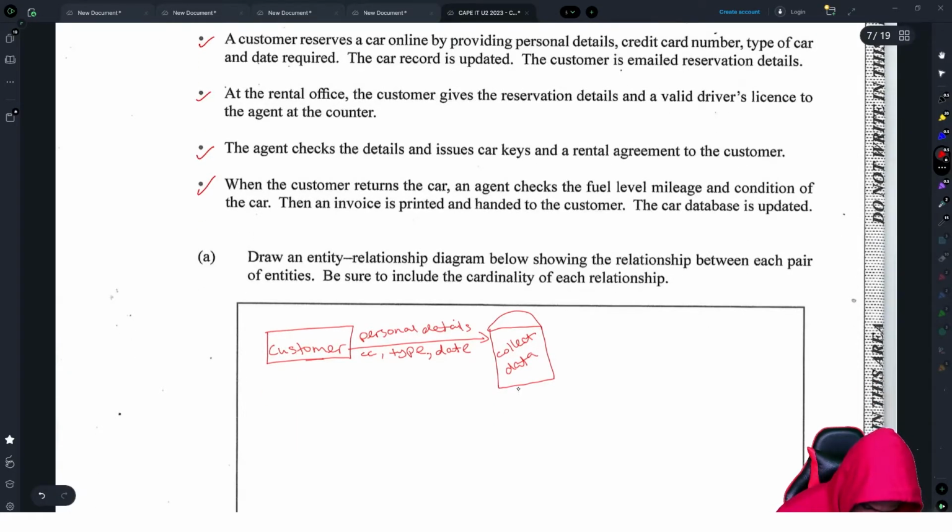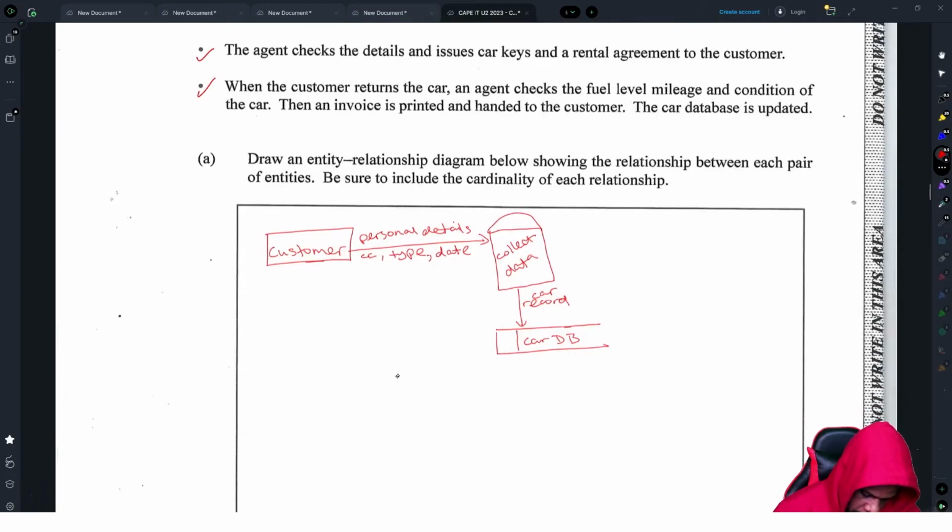There is a record called car. We'll call this the car DB, car database. This is a record of the car. The car record is updated. The customer's email, reservation details. Oh, who emails the reservation details? All right, so we have to create a process called email reservation.